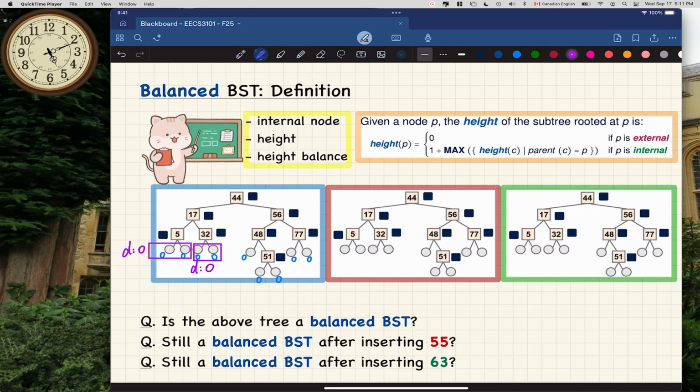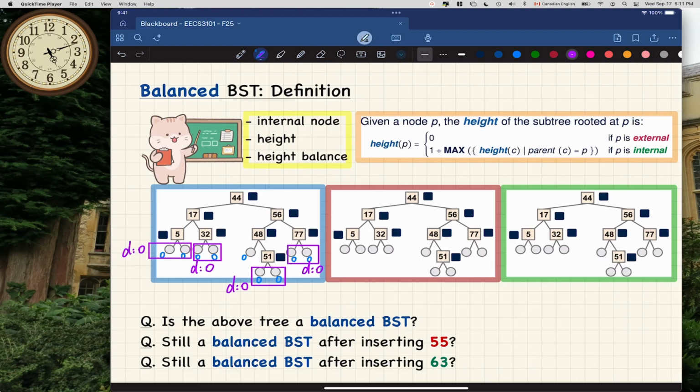And for these two, and for these two, the difference is also 0. We cannot go any further just yet because we haven't computed the heights for other nodes in the tree, but we'll continue. But at least as far as those pairs of external nodes are concerned, their parent node, which is internal, is actually okay because the height balance is not violated just yet.